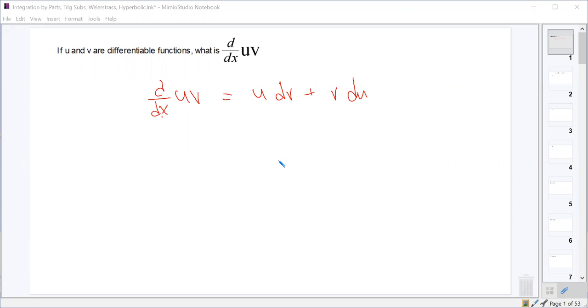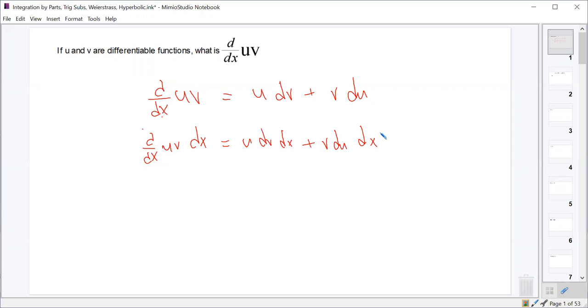Agreed. Okay. So what I'm going to do is take both sides of this and just add in some dx's to everything here. I'm going to rewrite this, putting a dx there, a dx here, and a dx here, which should seem okay, right?